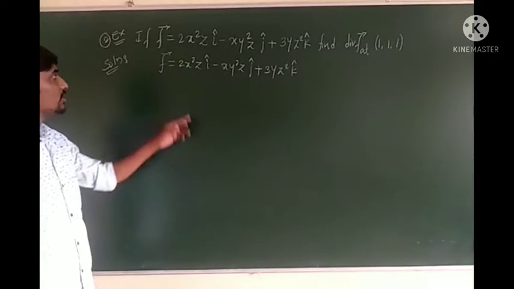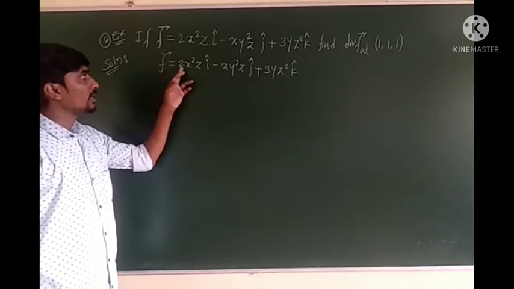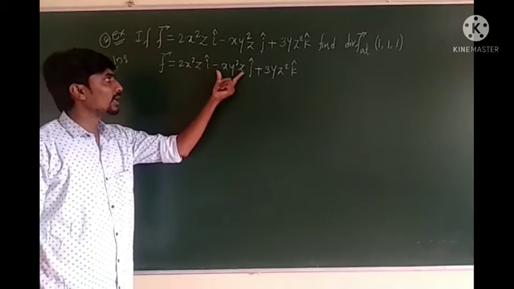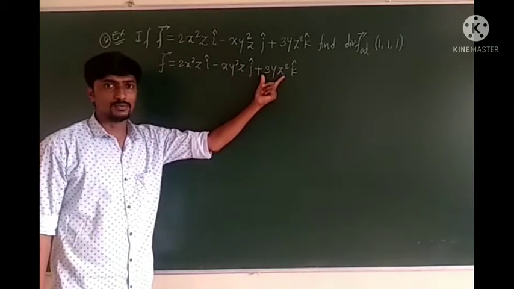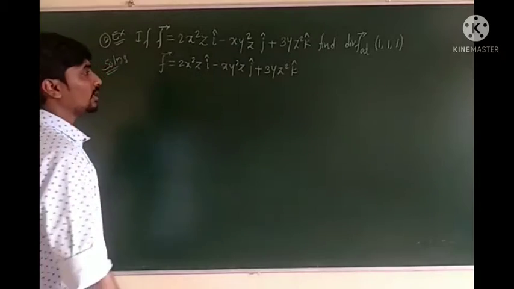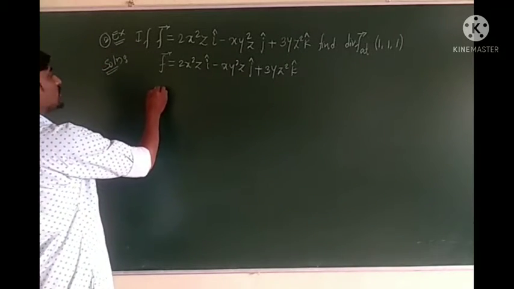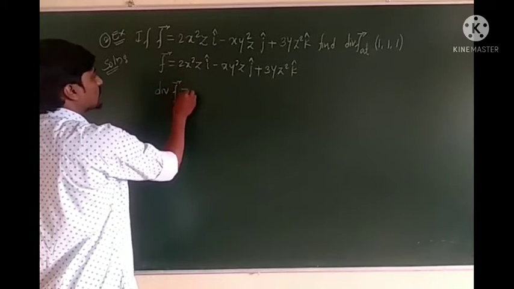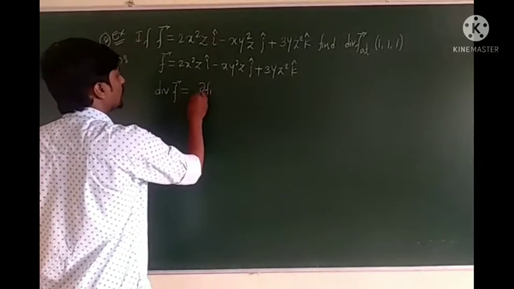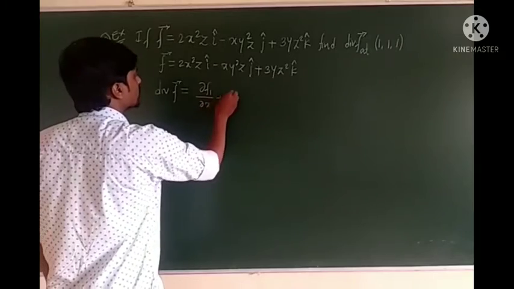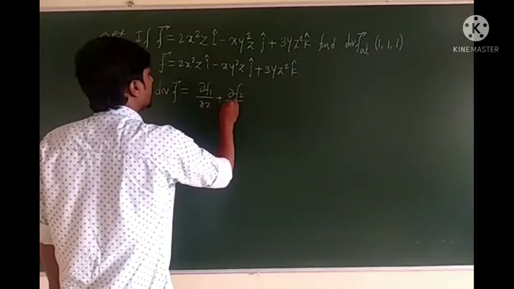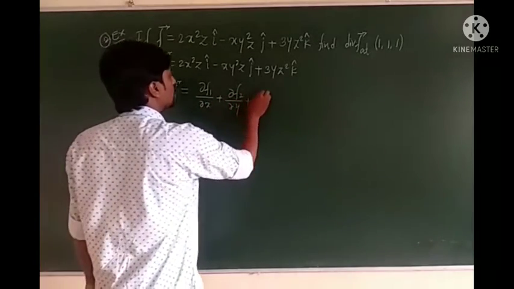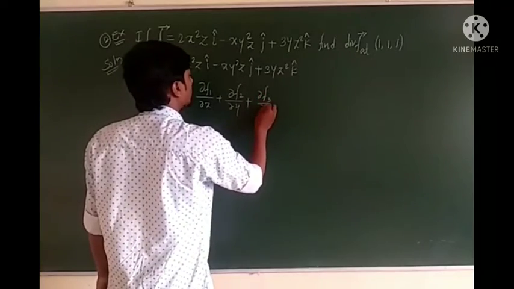Now this is a vector function, and therefore we have f1, f2 and f3 values. Now I will write the divergence definition. The divergence of the vector f is given by ∂f1 divided by ∂x plus ∂f2 divided by ∂y plus ∂f3 divided by ∂z.